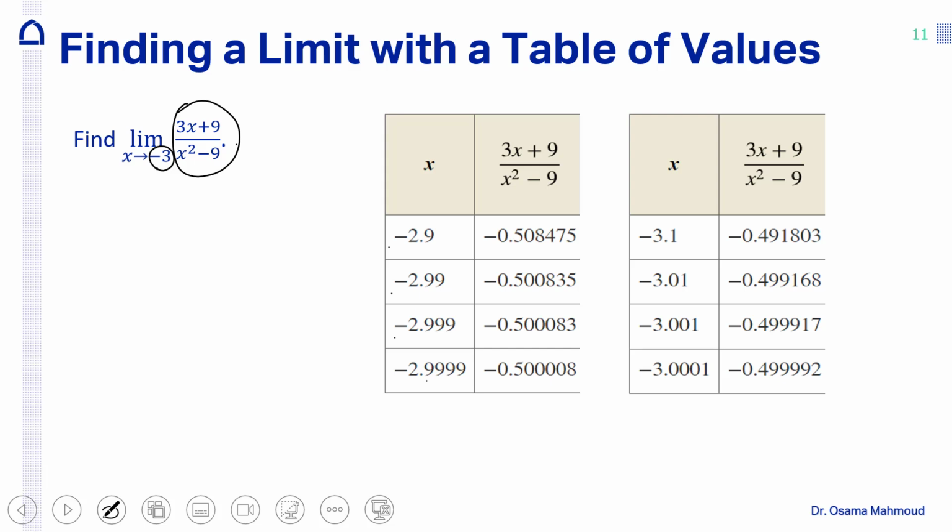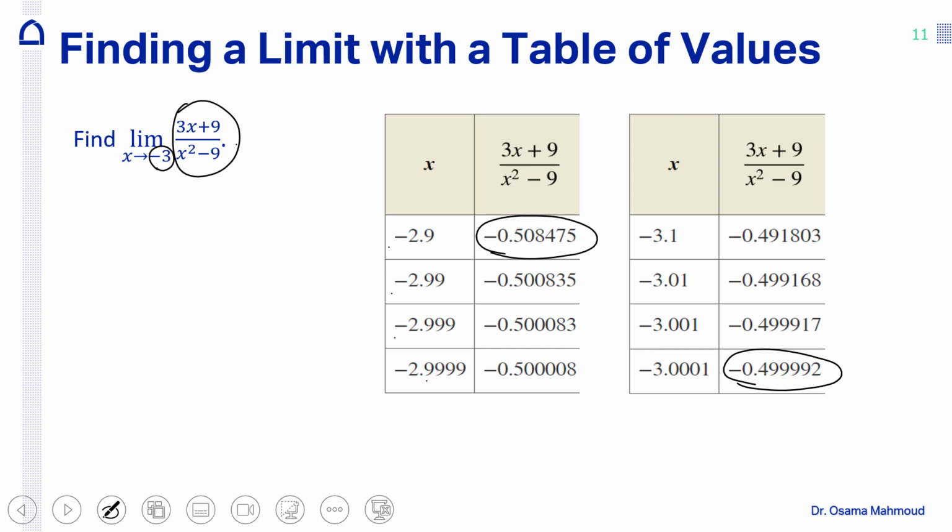Get other values to the left of minus 3, like minus 3.1. So when I approach closer to minus 3, I have this value. When I go close to minus 3, I go to this value.